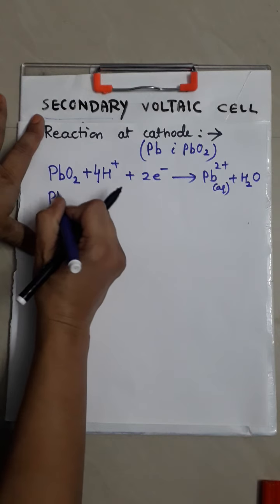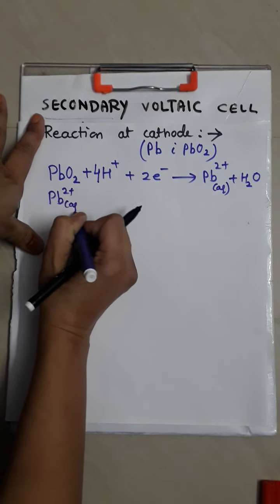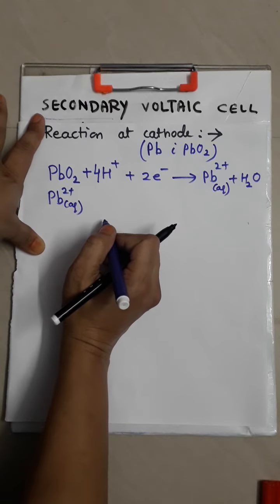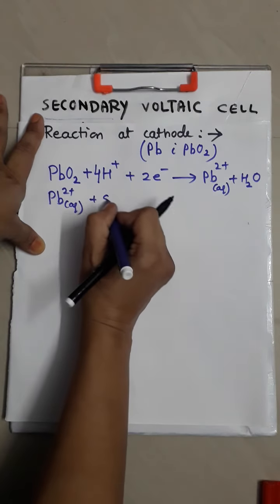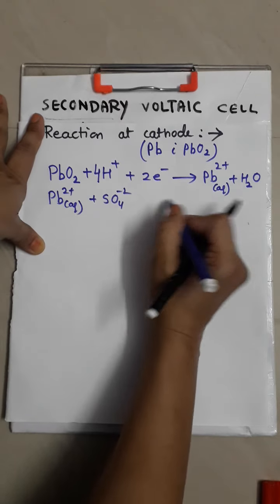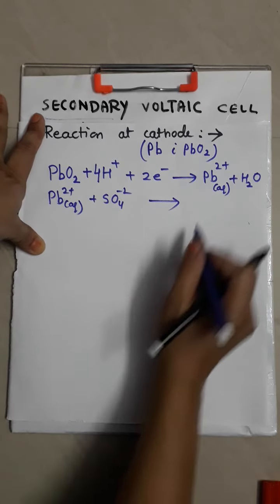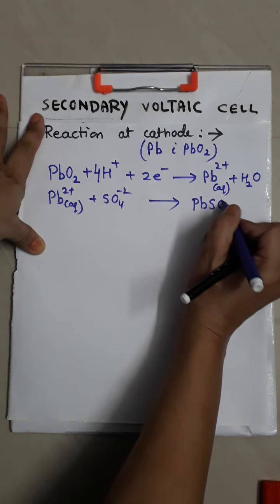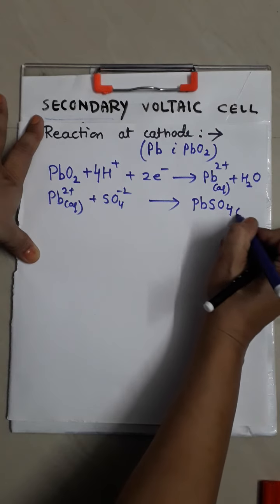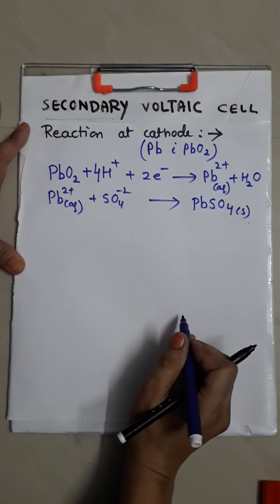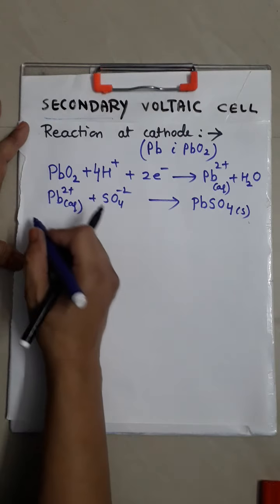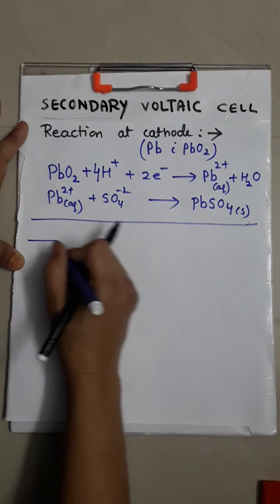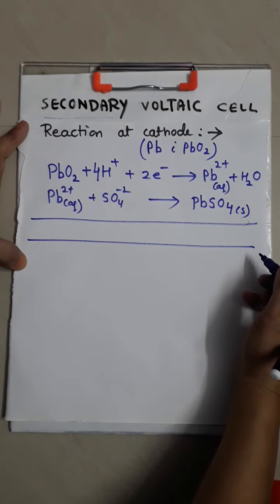Now this Pb+2 ion is present in the solution. Hence Pb+2 will react with SO4-2 which is there in the solution, and we will get PbSO4 solid.